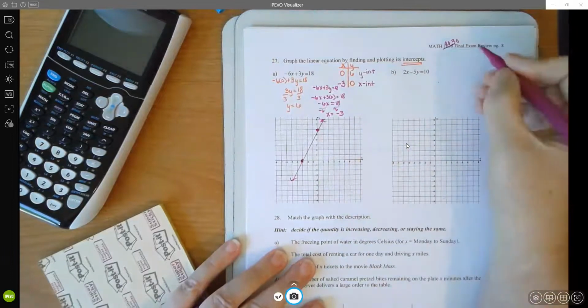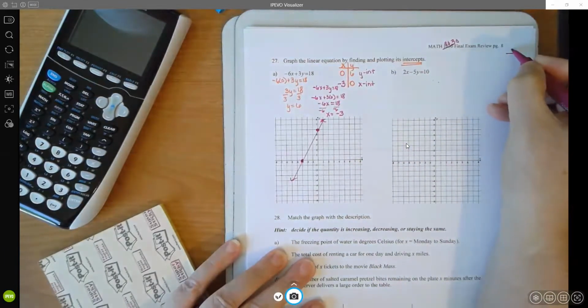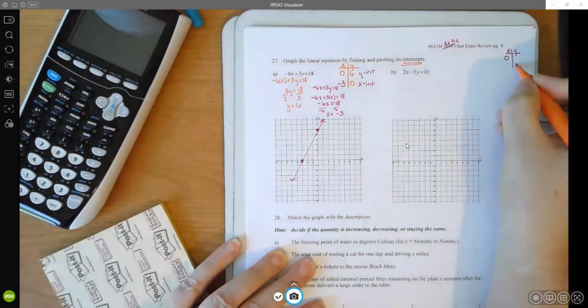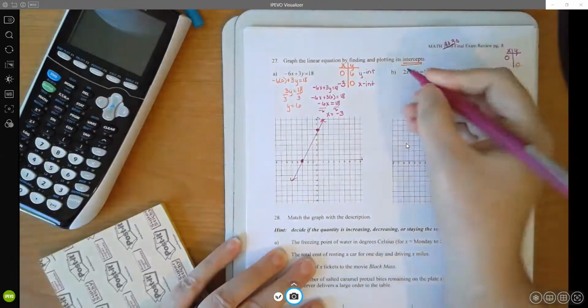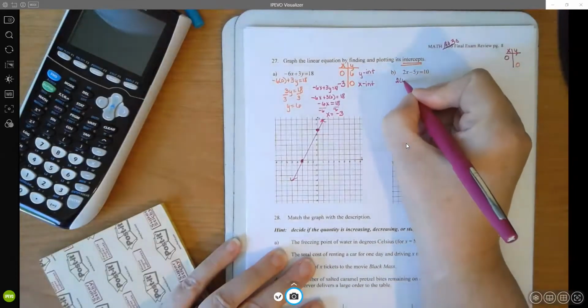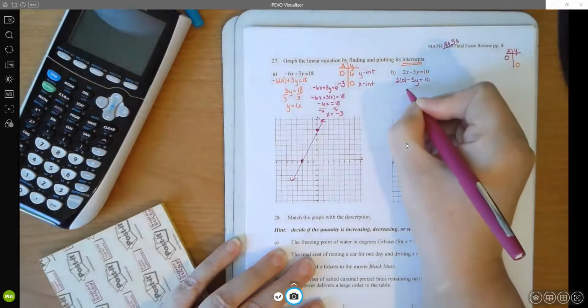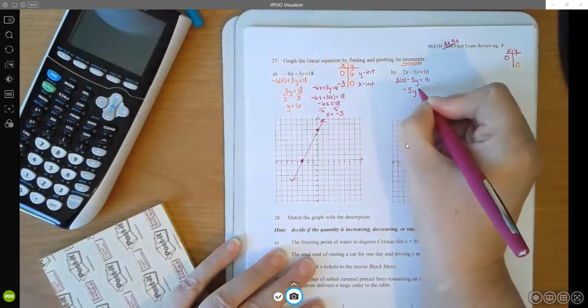Now let's do the same thing for the second one. I'm going to draw my table way over here out of the way this time. And again, let my x be 0 and my y be 0. When my x is 0, I get 2 times 0 minus 5y equals 10, or negative 5y equals 10.